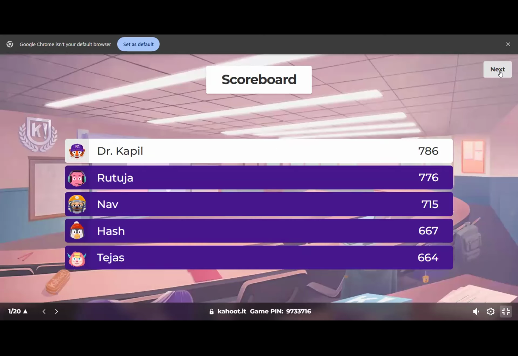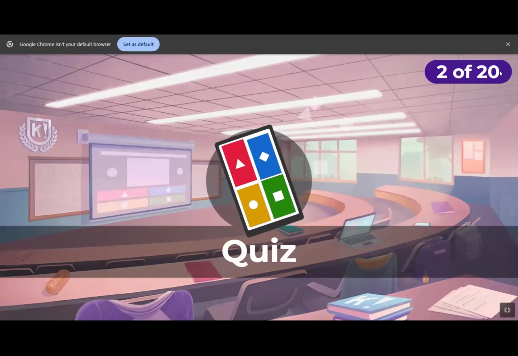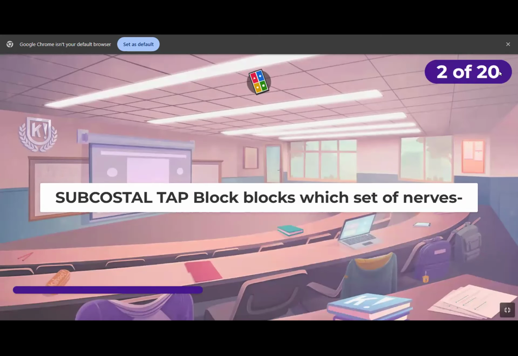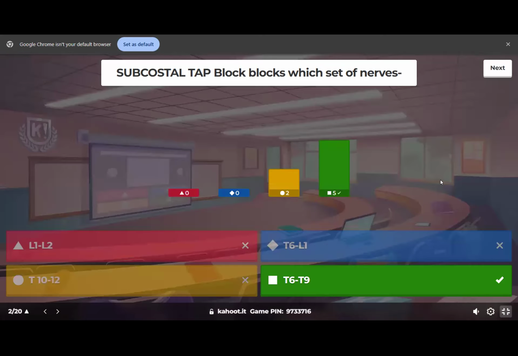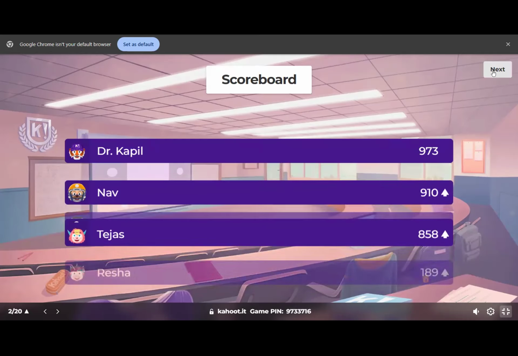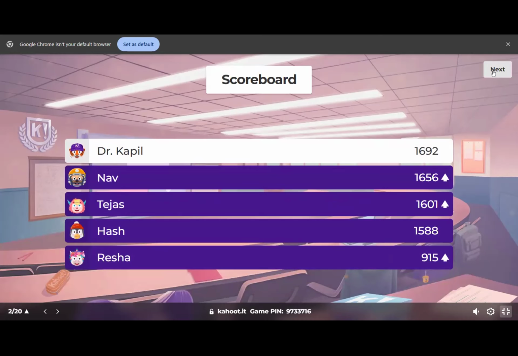So Dr. Kapil is leading. Subcostal TAP blocks which set of nerves? Again, Dr. Kapil is leading.